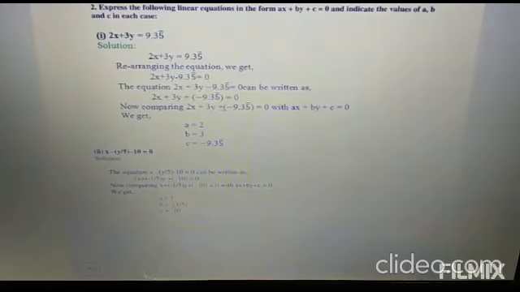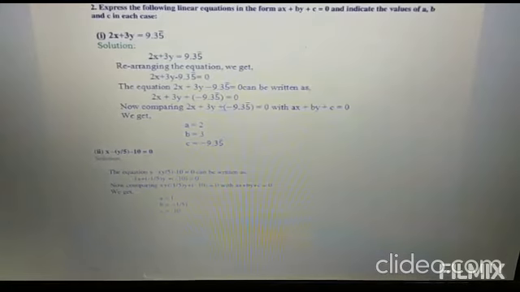So now we have found a, b and c. There is no coefficient written for x in the first term, so we can put 1 as the value of a. So a's value becomes 1. Now b's value would be minus 1 by 5. And c's value would be minus 10.